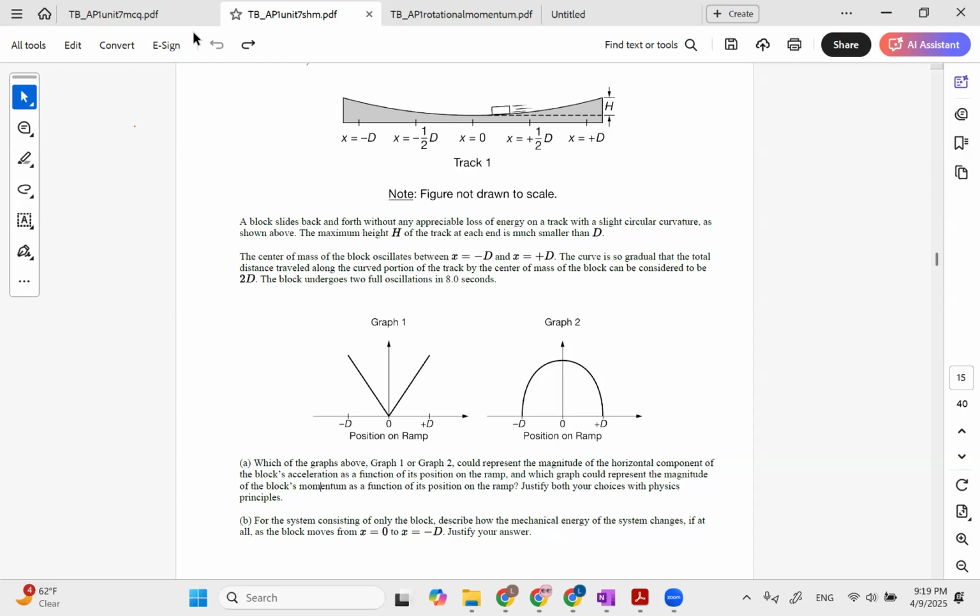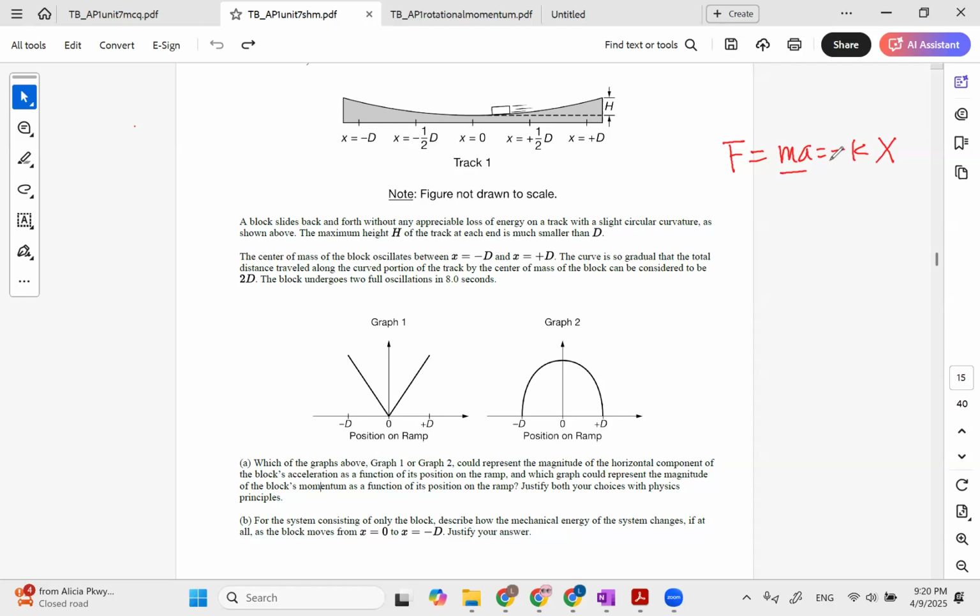Wait, for graph 1, can you explain the relationship between acceleration and position again? Yeah, so it's this one, right? ma equals the net force, the spring force.